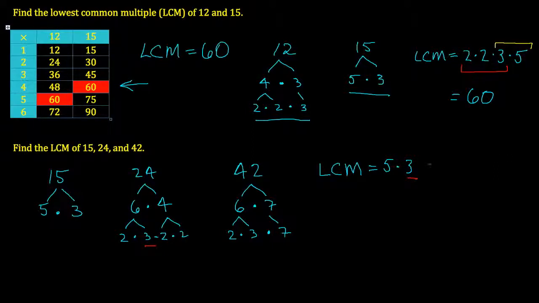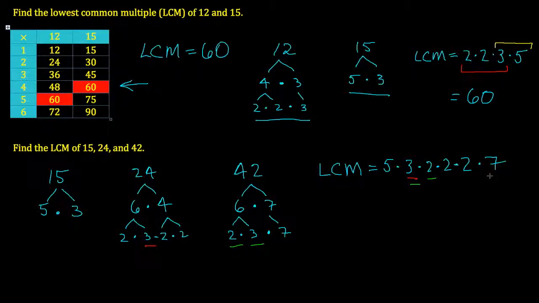So I need to put in a 2, and a 2, and a 2. And then, finally, when I look at my third number, which is 42, I say, well, we've already got in our lowest common multiple a 2 and a 3, but I'm missing a 7, so I need to build a 7 into that lowest common multiple as well.